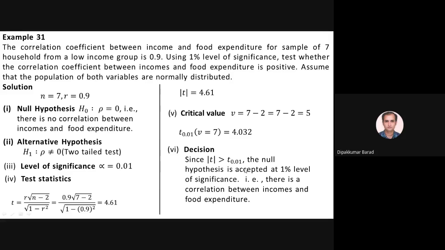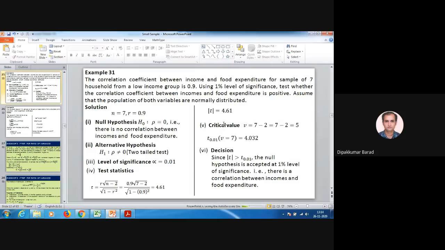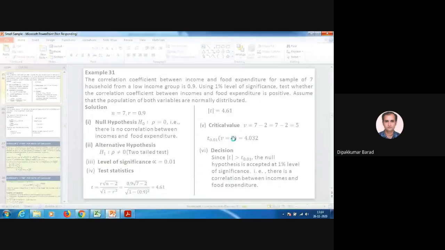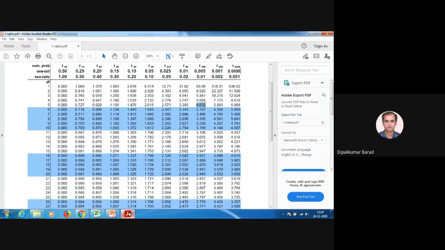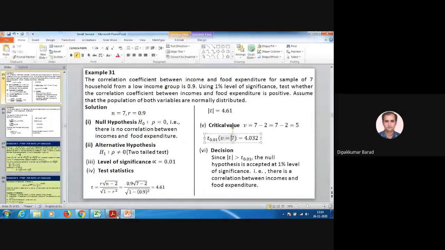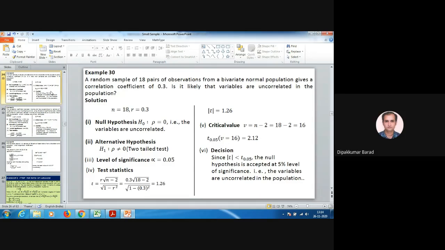So there are two corrections here: instead of 7 we have 5, and if mod t is less than, then accepted.